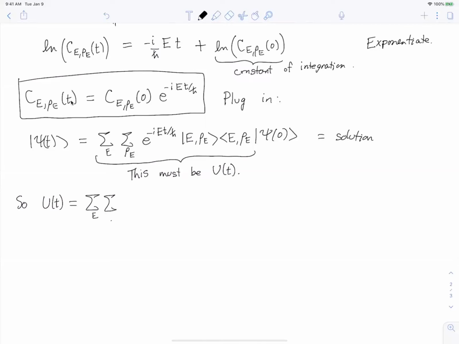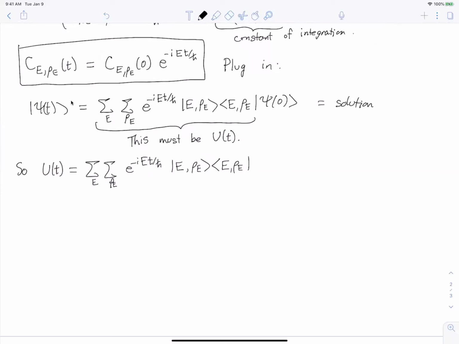Okay, so just rewriting that, our unitary operator is equal to the double sum. There's a phase factor for each term, which is in general different. And then the rest of it looks like completeness. So in fact, without these phases, this would be the completeness relation. So the phases are very important.